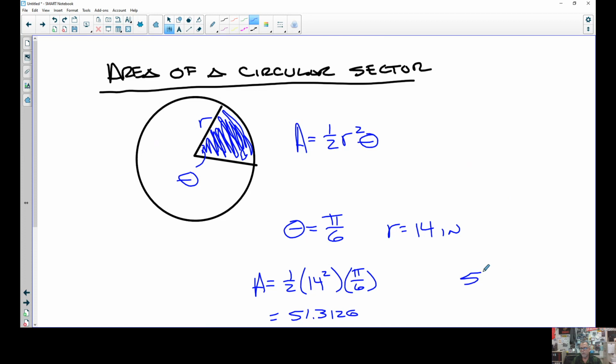So we would say 51.3, and remember this is an area, so this is in inches squared or square inches. All right, again, I think pretty straightforward. If they give you a degree measure, you translate it into radians again. We can only get measurements and things that rely on measurements like this area or that arc length that we talked about previously when we have our thetas in radian measure. So make sure that you do change them into radian measure.